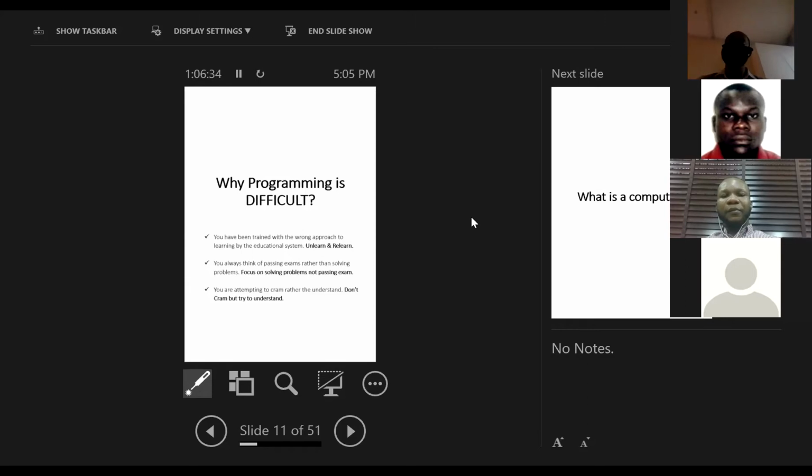Now, most of us here have been through the educational system, and we all agree that what is being emphasized in the Nigerian education system is actually grades, pass mark. The education system doesn't focus on imparting understanding, but rather it is more focused on getting people to pass exams.